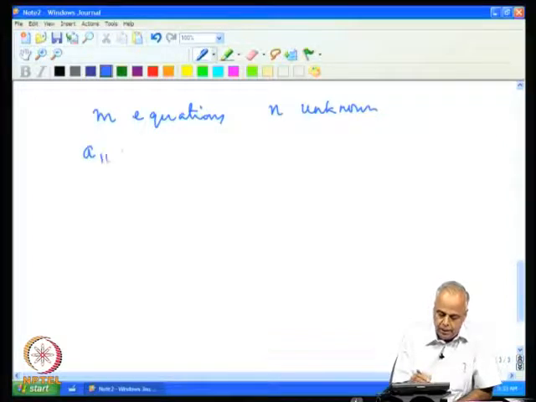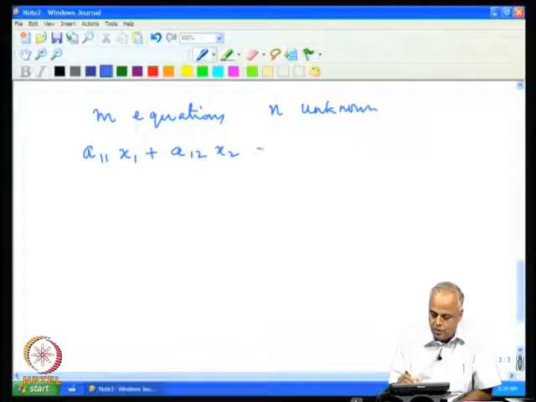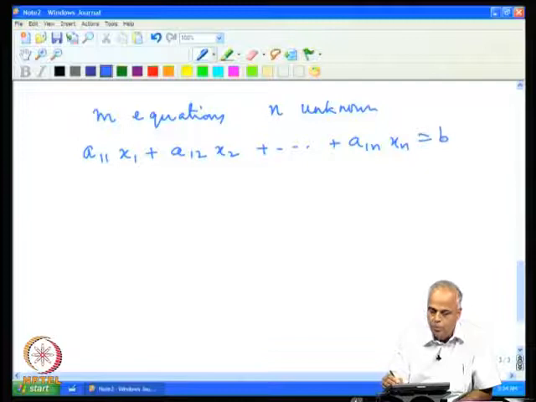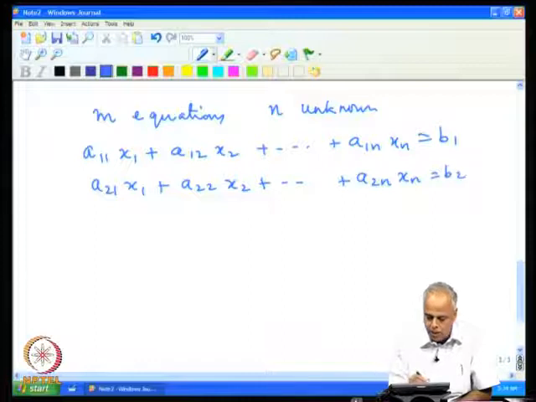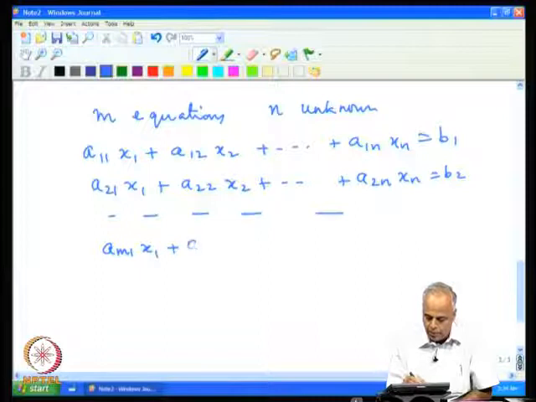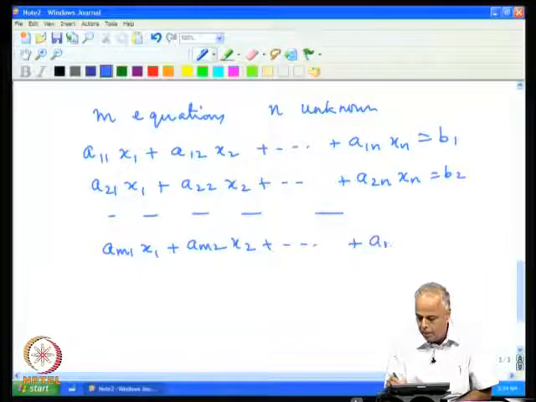This is generally written in the notation a11 x1 plus a12 x2 plus ... plus a1n xn equal to b1, a21 x1 plus a22 x2 plus etc. plus a2n xn equal to b2, and so on, and the last equation is am1 x1 plus am2 x2 plus etc. plus amn xn equal to bm.